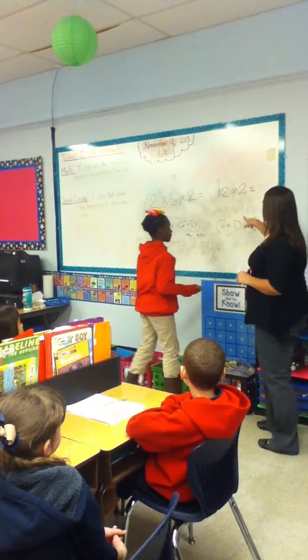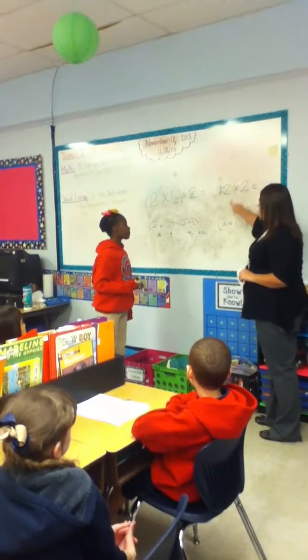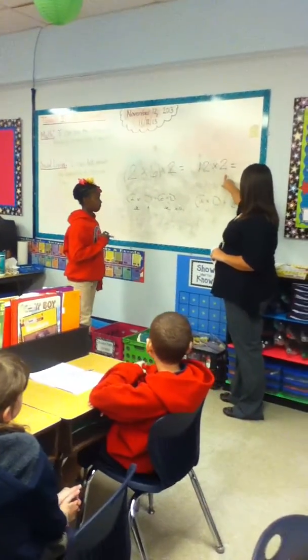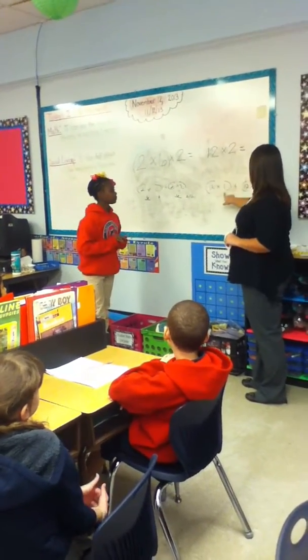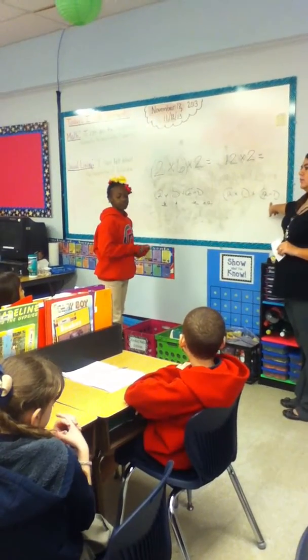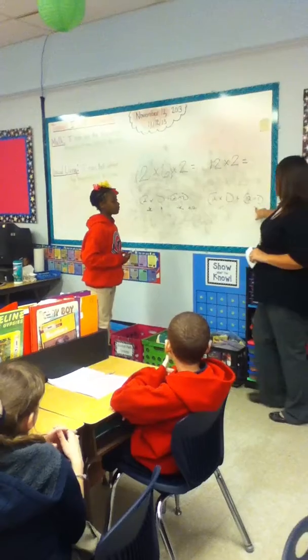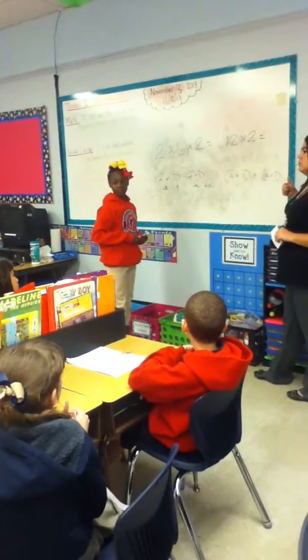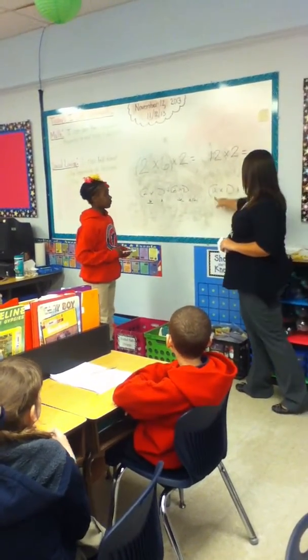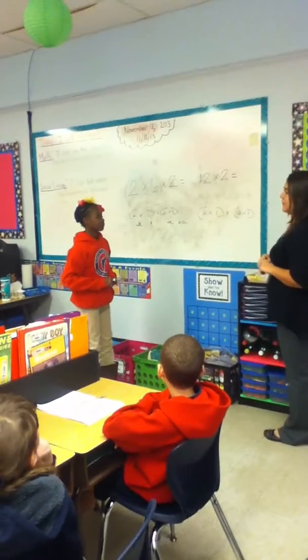Okay, let's look, guys. So she kept 12 the same, and she broke up 2 as 1 and 1. Do you agree? Does 1 and 1 make 2? Yes, it does.